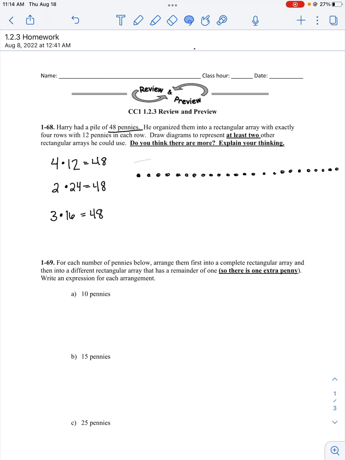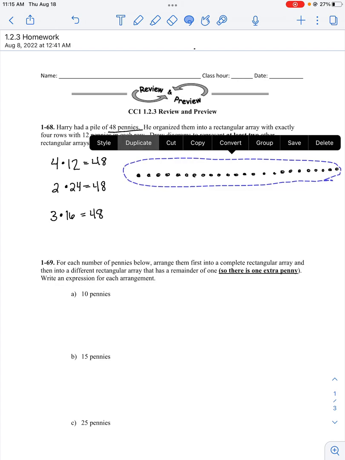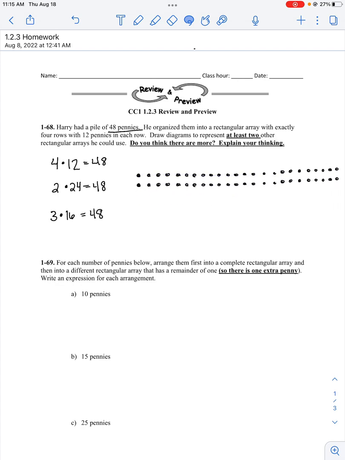I can do 2 rows of 24 pennies. Or I can have 3 rows of 16 pennies.